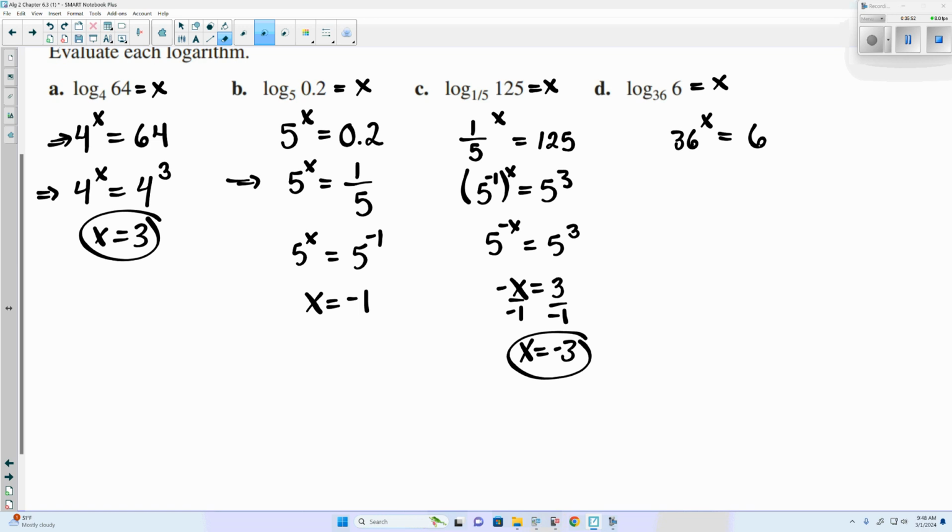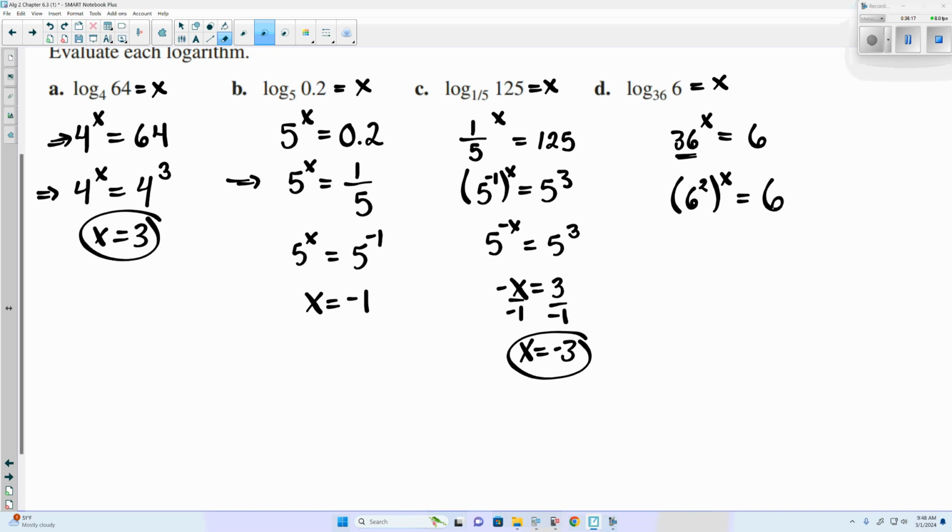So 6 squared would be 36, yes? Well, that also means this 36 is what? So 6 squared is 36. So we bring it and get them to be the same.